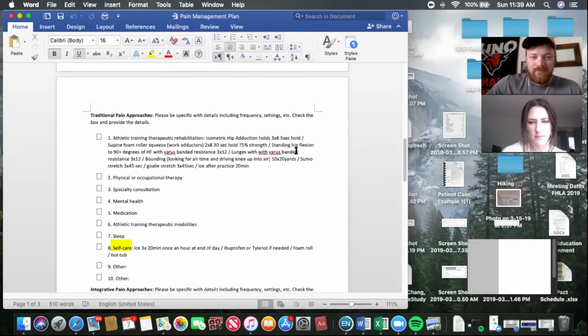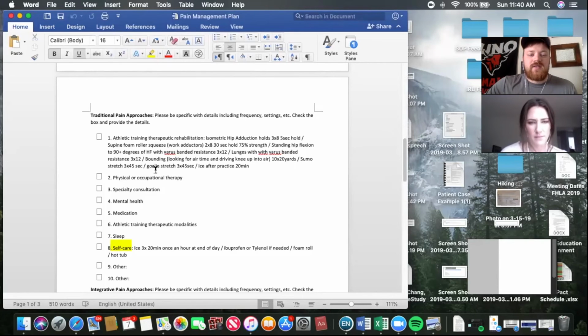And then I have him standing while performing hip flexion to about 90 degrees or more. And then I take a band and I pull away from the midline where there's stress. And then he has to keep his legs straight so it can't fall in. And then bounding, 10 sets of going up 20 yards.